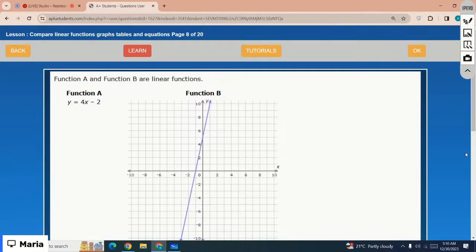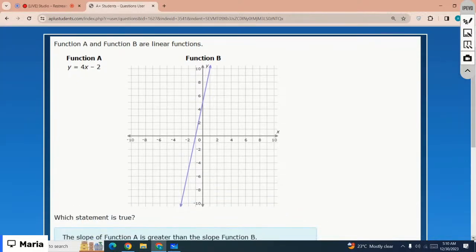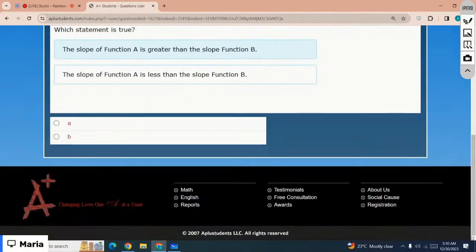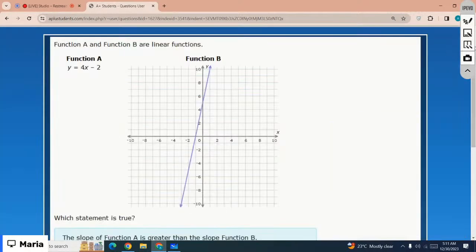The slope of function A is less than function B. The correct option is option B. Got it?